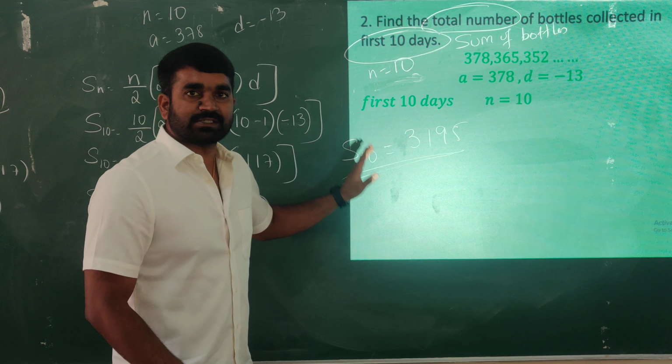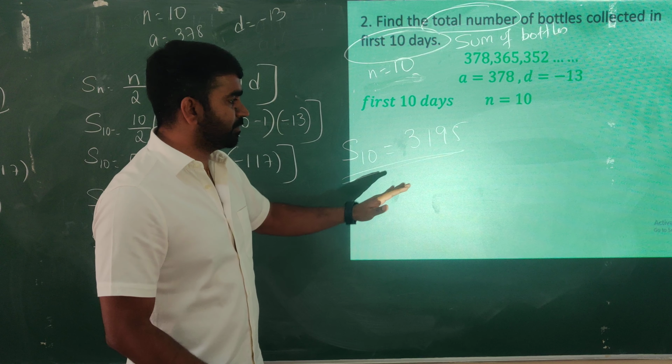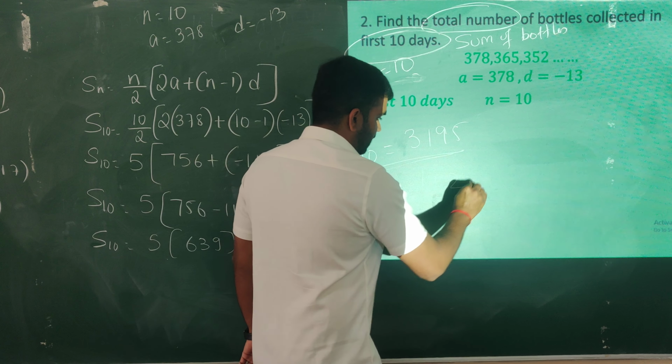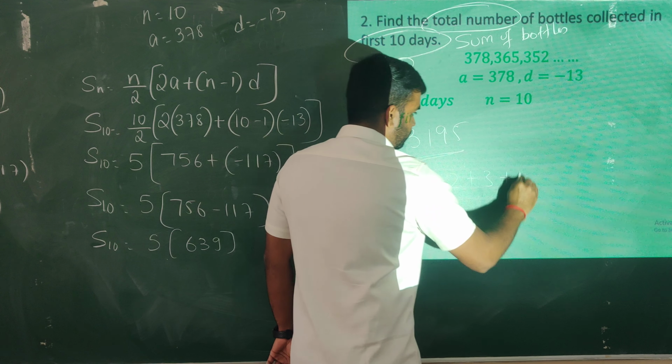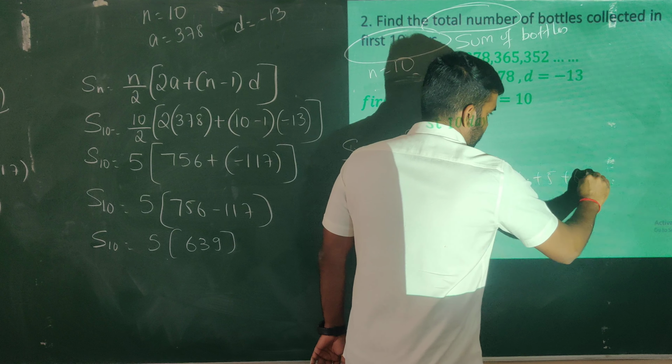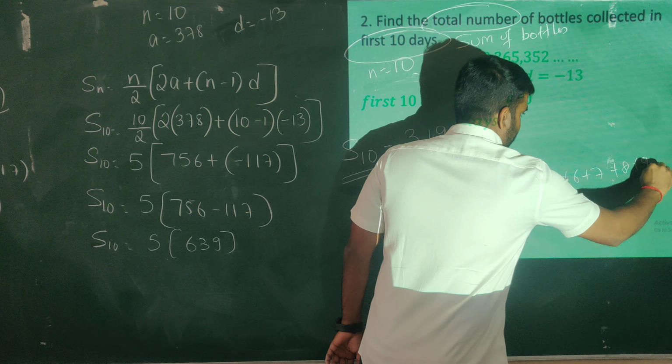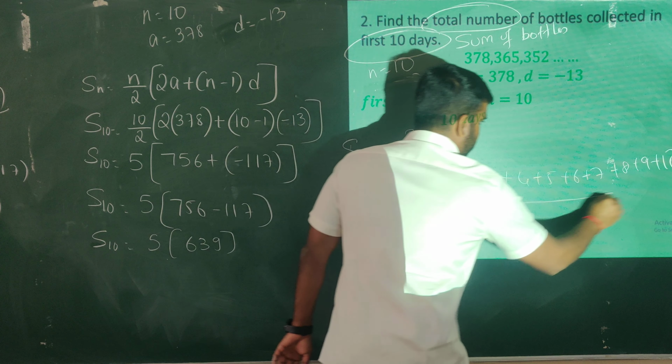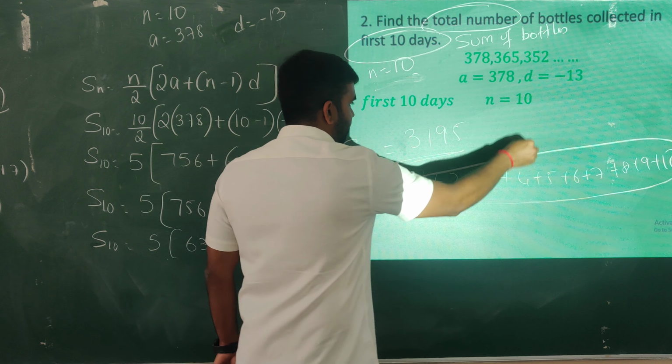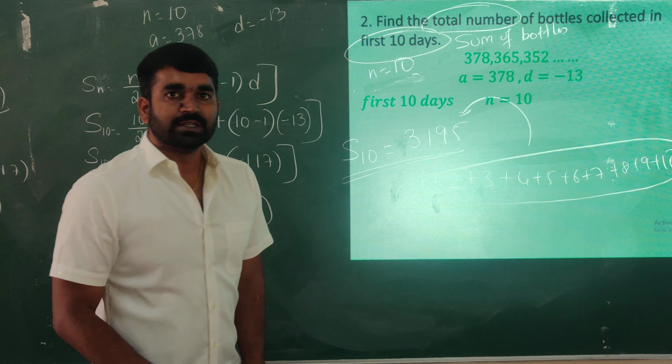What is the meaning of S10 is equal to 3195? First day plus second day plus third day plus fourth day plus fifth day plus sixth, and so on. The total number of bottles collected in the first 10 days is equal to 3195.